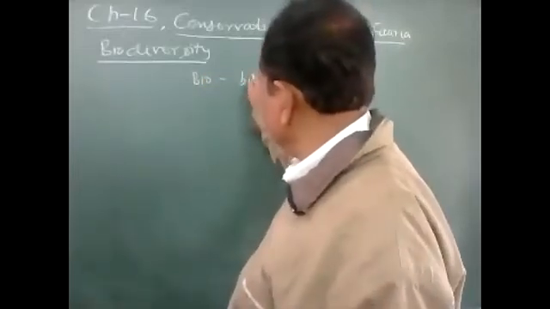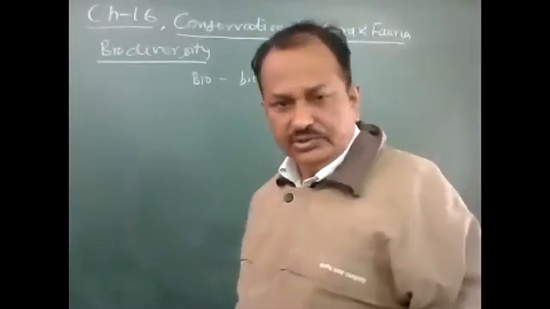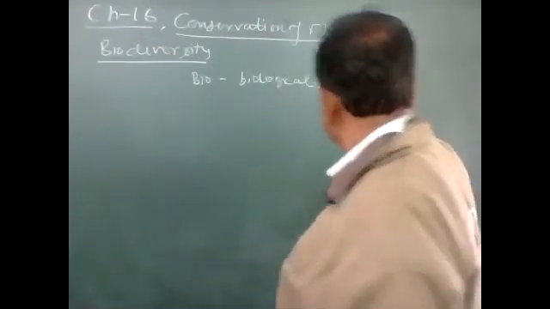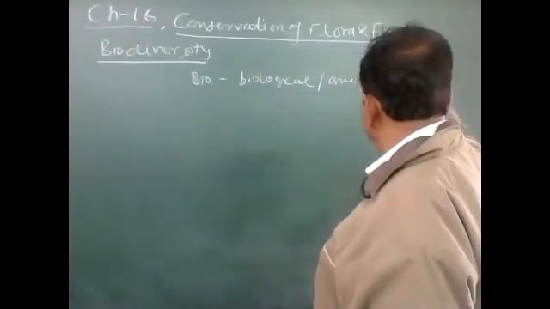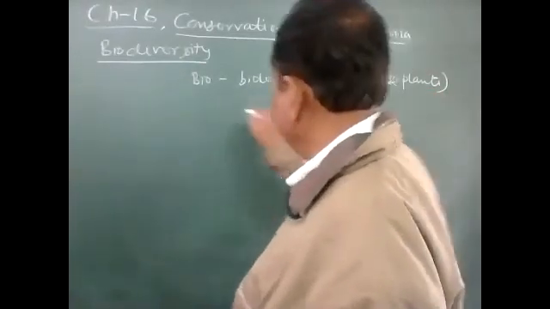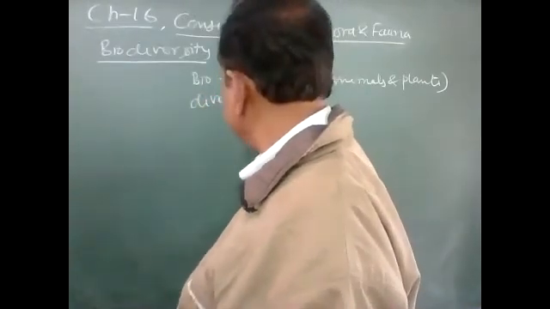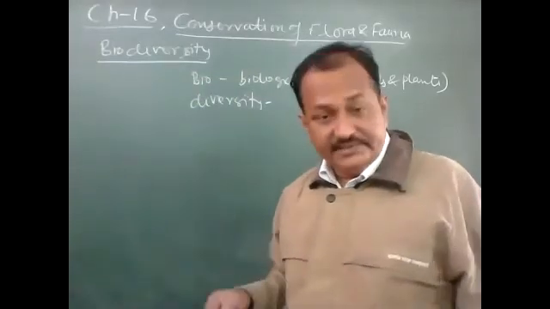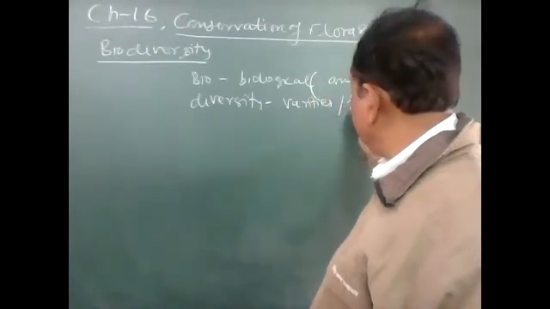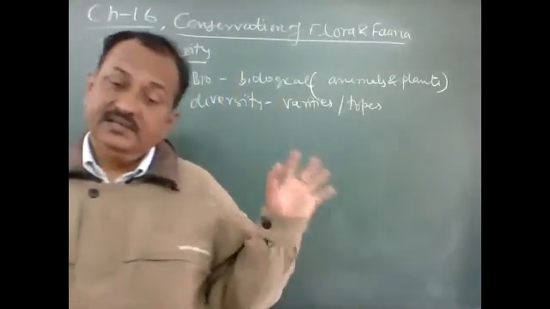Bio means biological or related to biology, that is animals and plants. So this is the meaning of biological. Then coming to diversity. Diversity means varieties or types.